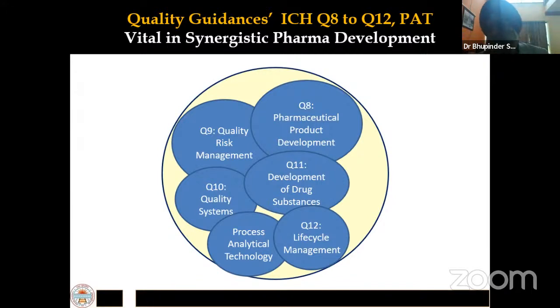And also very recently, almost 2018 onwards, September or October 2018 onwards, ICH has been working on Q13 and Q14 guidelines. Q13 is on continuous manufacturing, and Q14 is on analytical quality by design. Both of these are again dependent upon QBD.